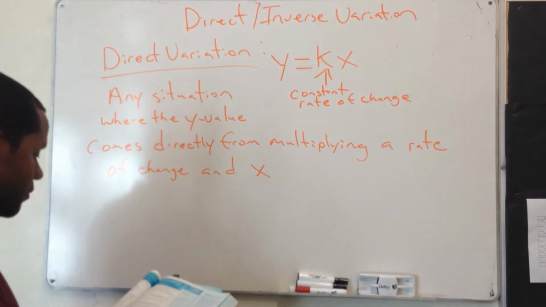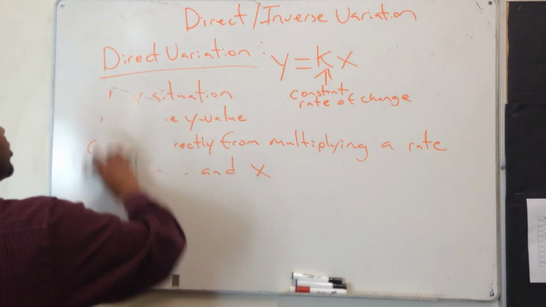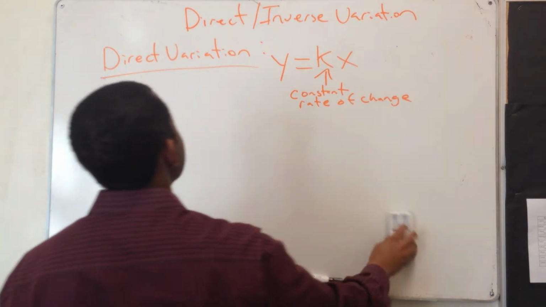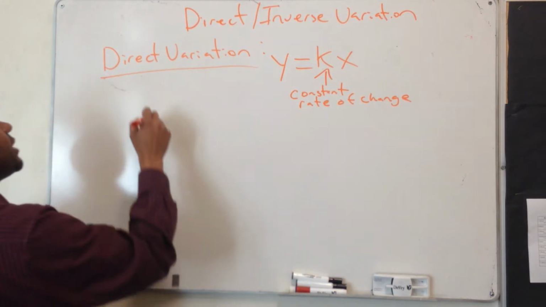Okay? Alright? So that's what a direct variation is. Any situation where the y value comes directly from multiplying rate of change with the x value.